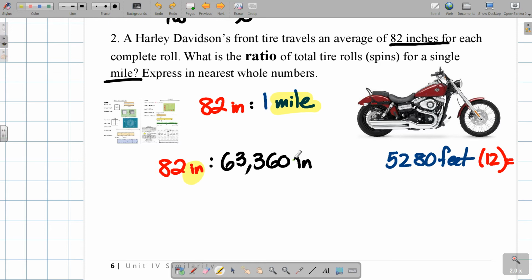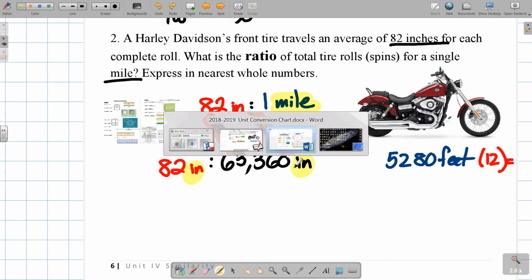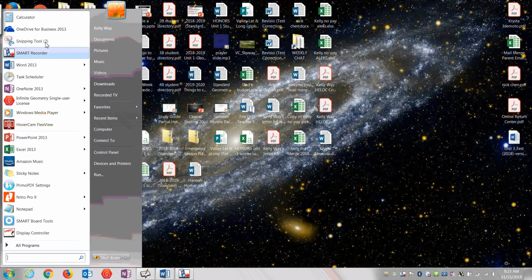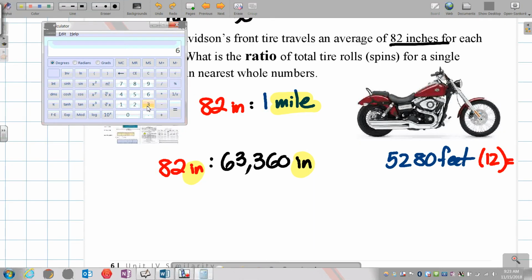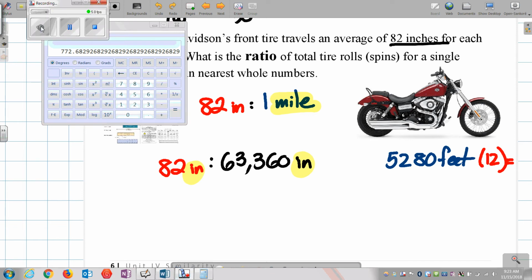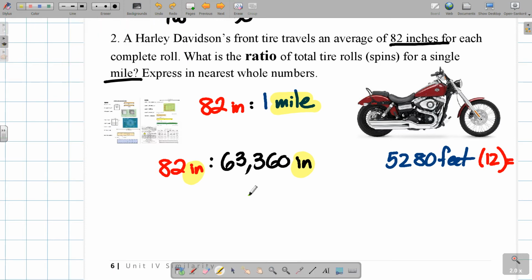Now that you have it in the same unit, you go ahead and you divide. And you get approximately 772.7 revolutions.